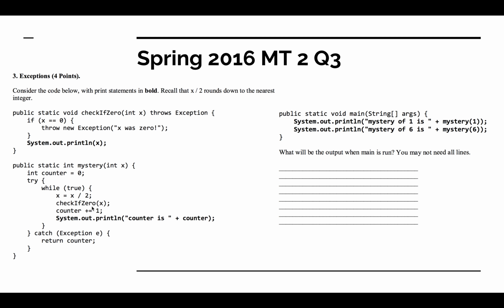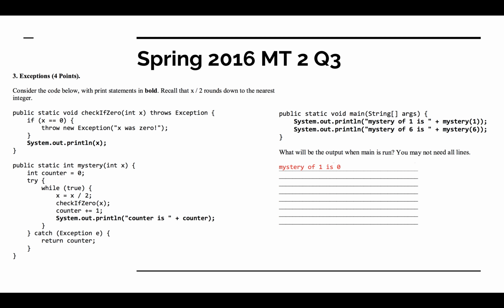We go back to the function that called it, mystery, and we see if there's a try catch handler there. And there is. So we go into the catch block and return counter. So what was counter? 0. So what do you think we're going to print? Mystery of 1 is 0, is what we print.